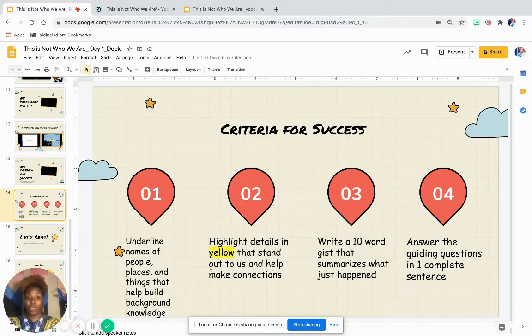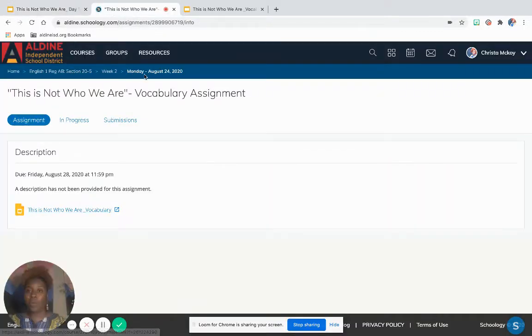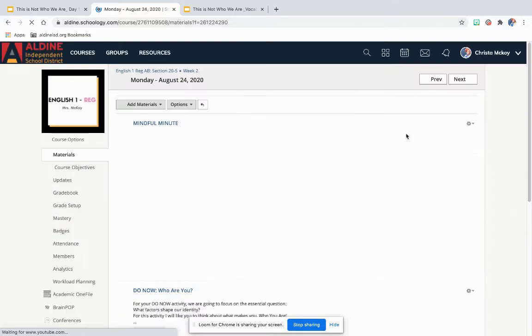You're going to write your 10-word gist that summarizes what just happened in each little box because it's the same setup. And then we're going to answer the guiding questions in one complete sentence. Okay? So without further ado, let's read. Okay. I'm going to navigate to that portion on Schoology.